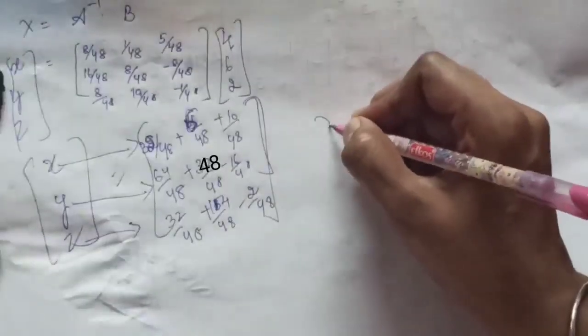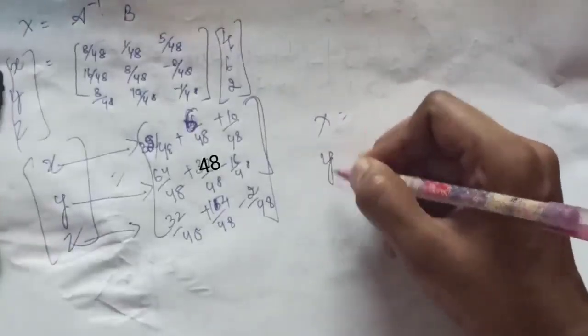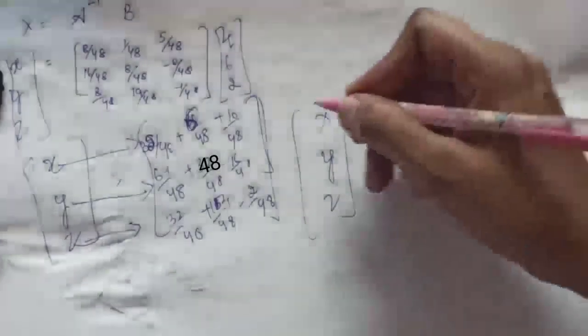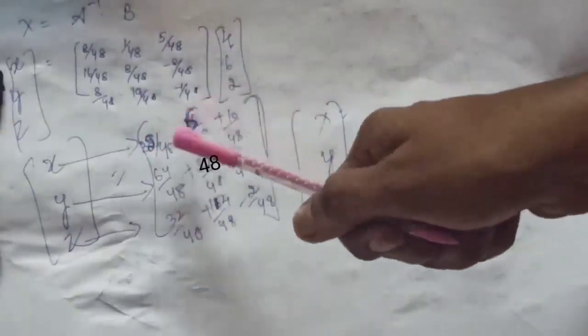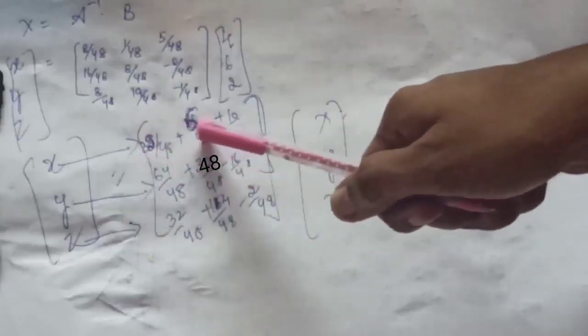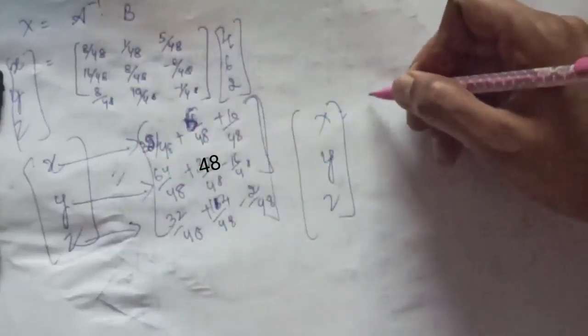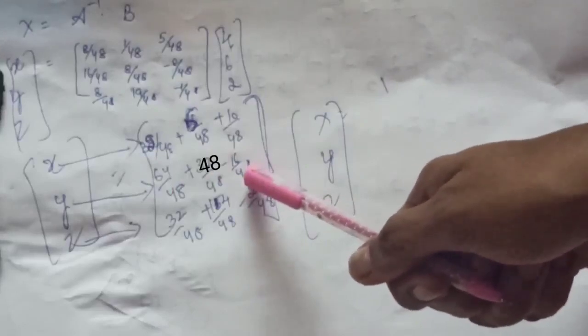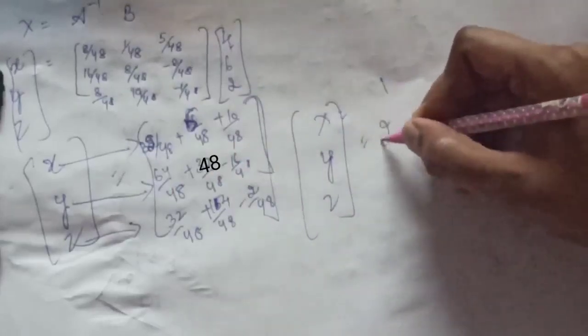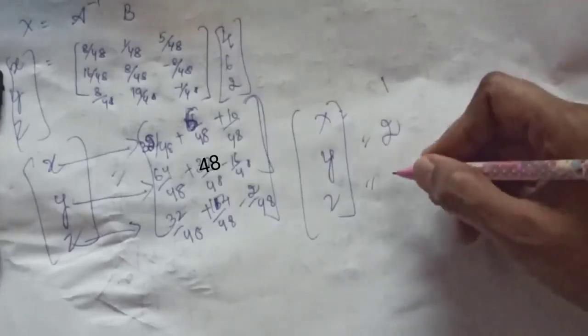So when we solve it, first will be 32 plus 6 plus 10, 48 by 48, so it will be 1. Next will be 96 by 48, so answer will be 2. Z will be 144 by 48, so answer will be 3.